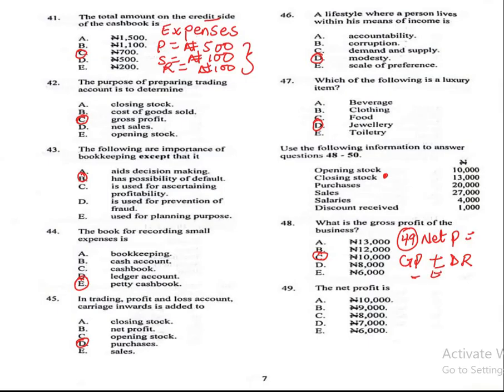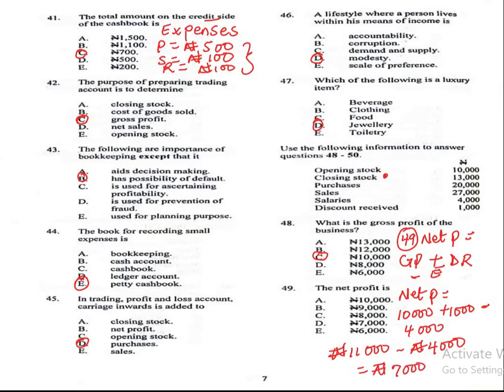From the calculation I did, the gross profit is 10,000 naira. The discount received is 1,000, minus expenses, which is 4,000. 10,000 plus 1,000 is 11,000 naira. Minus expenses, which is 4,000, the answer will be 7,000. So the correct option is D.